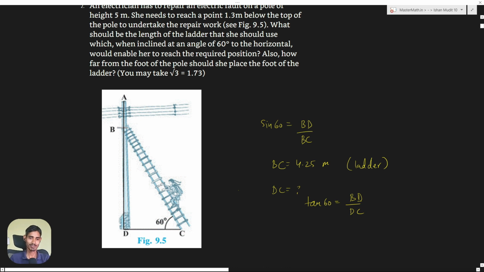I thought it is BD. So BD is 3.7, and this is root 3, 3.7, and DC is going to be 3.7 divided by root 3. Now you can rationalize this, and you can simplify whatever answer you get. You're getting something?